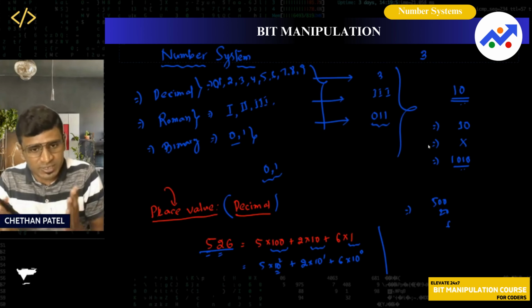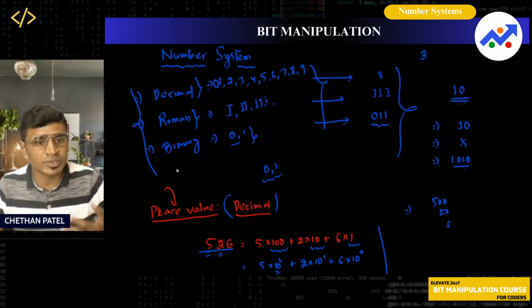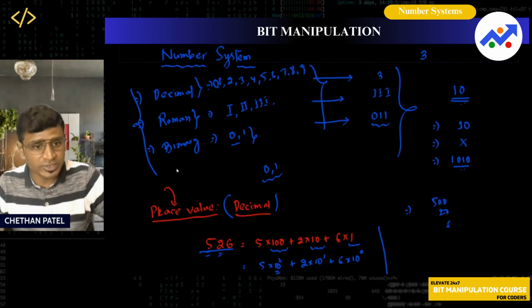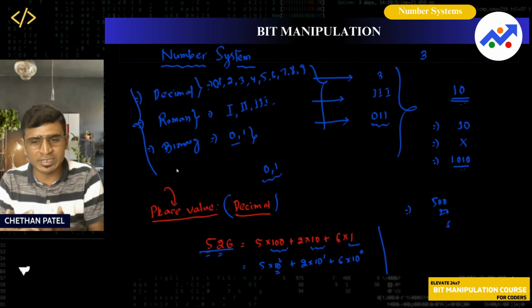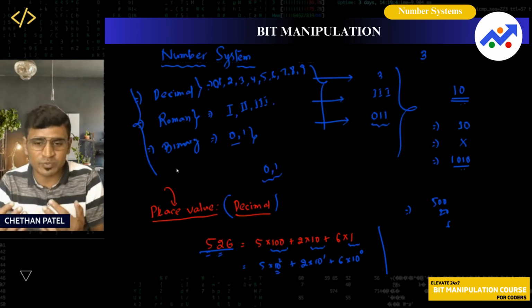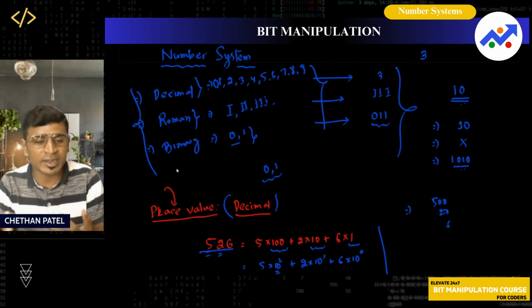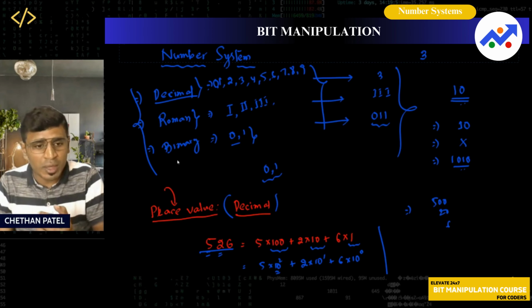So this is a number system, just a mathematical notation. In India, we often use the decimal number system. Romans used the Roman number system, but worldwide, the decimal number system is globally accepted, because in every country we use it now.